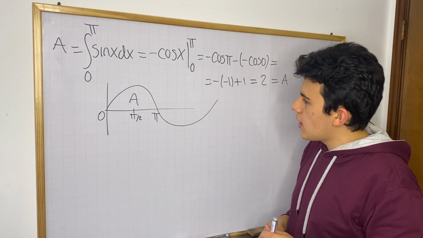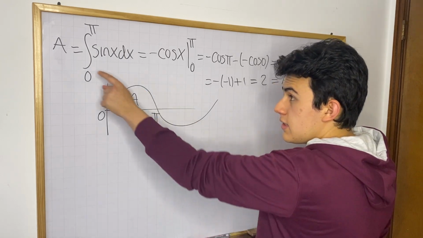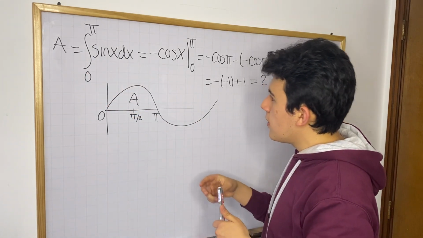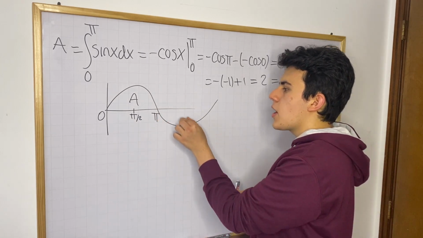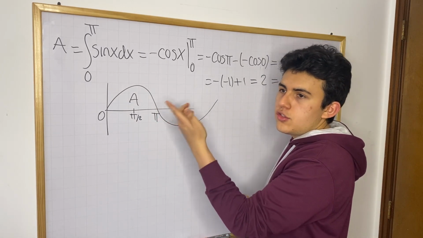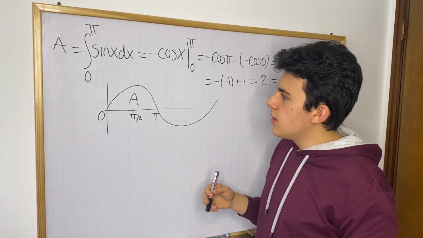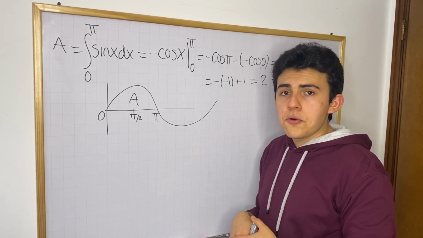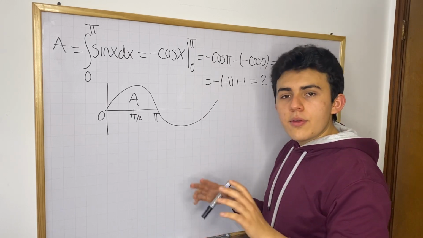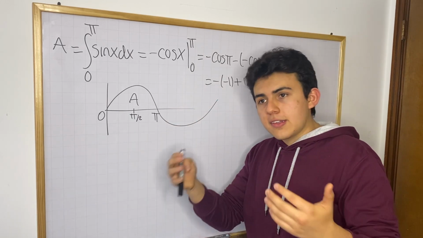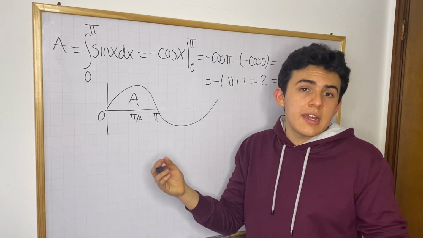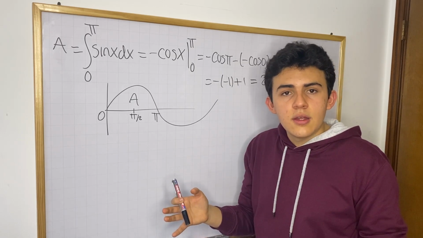Maybe another thing that I would like to say is that this area A is going to be the same area that we have here. That is just going to be a signed area. If you've ever coded before, if you know some computer programming, remember that we have unsigned values and signed values, values that can have a sign, like a negative sign, or values that don't.